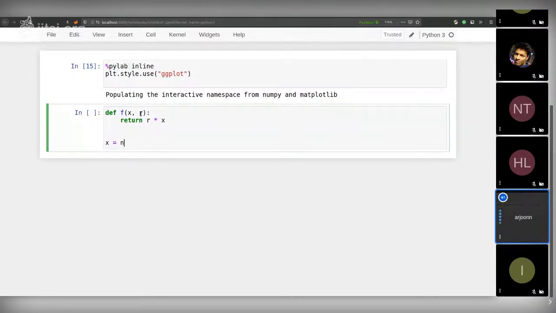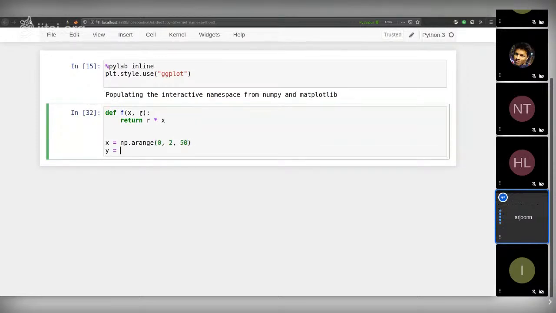So you have x equals a range 0 to 50 maybe, right? And then y is equal to say f of x times r. What do you want to do? So let's do r values.